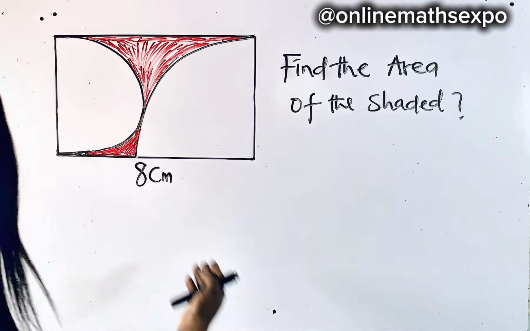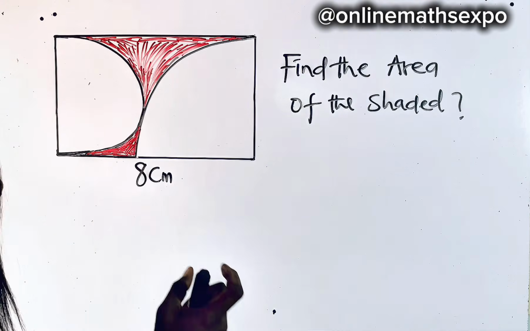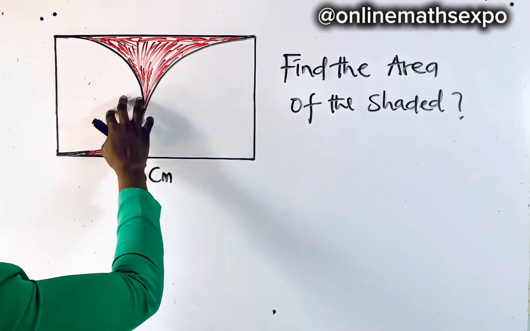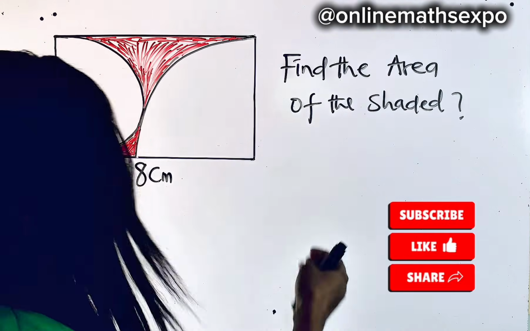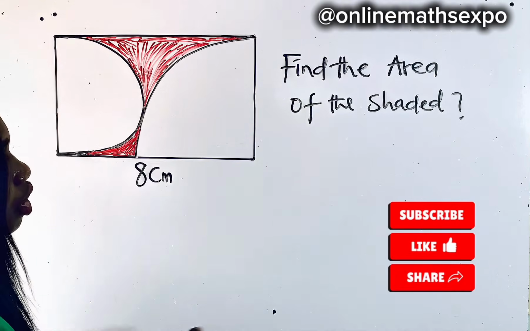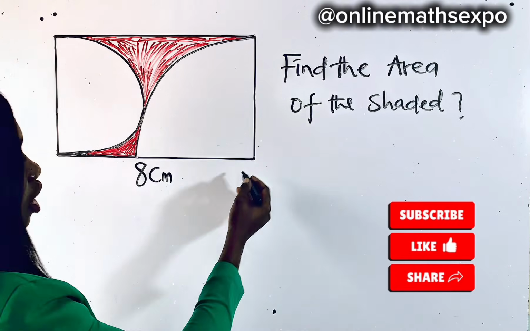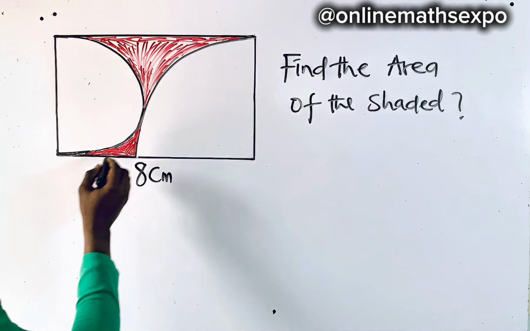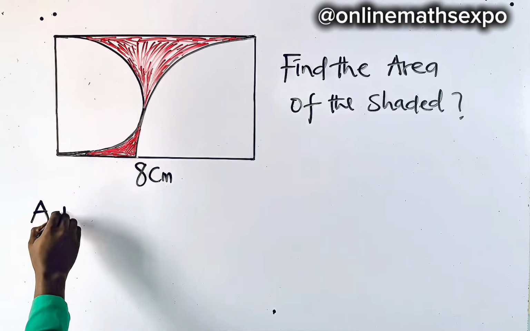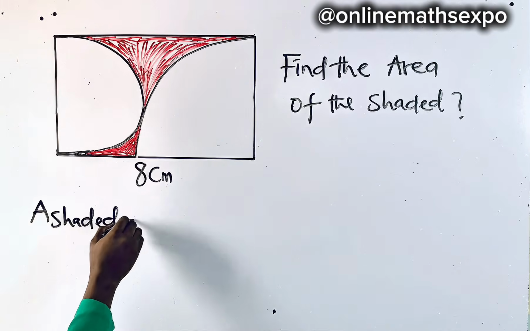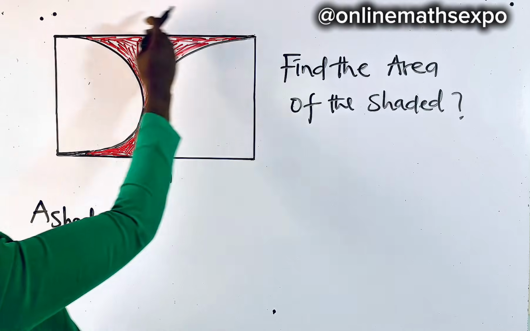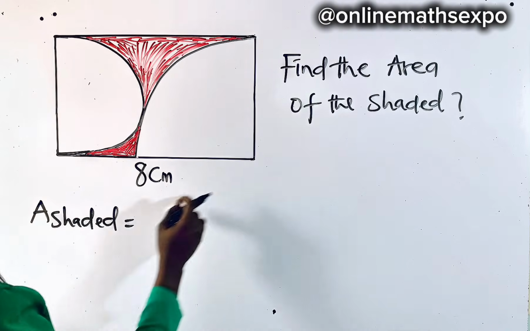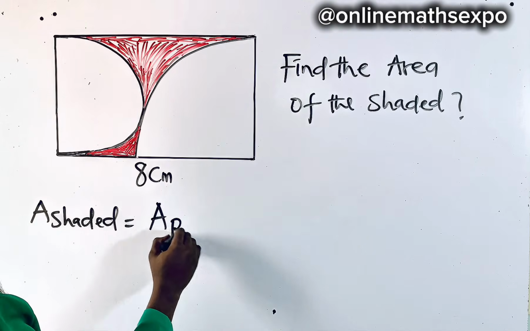Now, for you to find the area of the shaded, you observe that these two shapes are inscribed in a rectangle. So it means that the area of the shaded is simply for us to get the area of the biggest shape, which is the area of the rectangle.